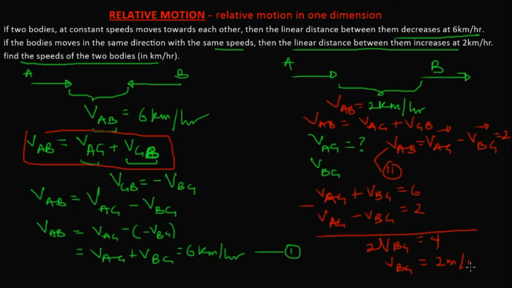So this is 2 kilometers per hour. And then to find VAG, we just need to put 2 in here, so VAG will be 6 minus 2, which is 4 kilometers per hour.